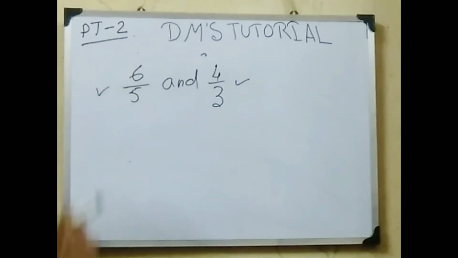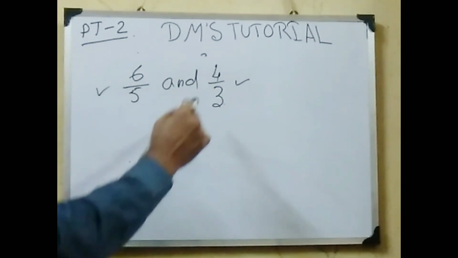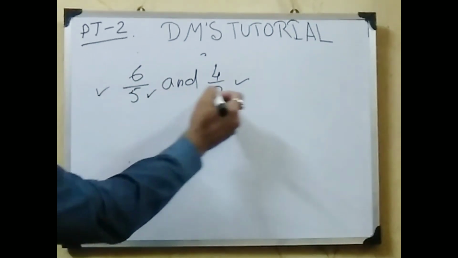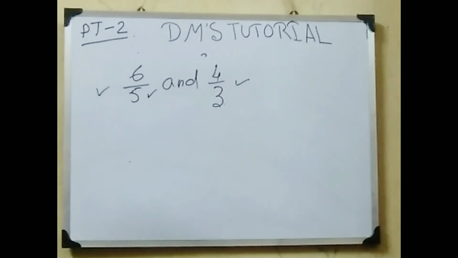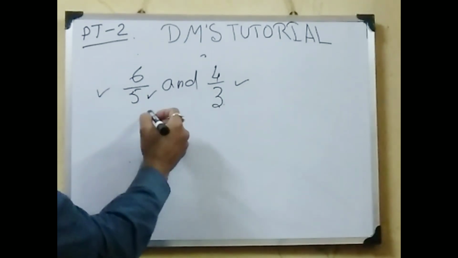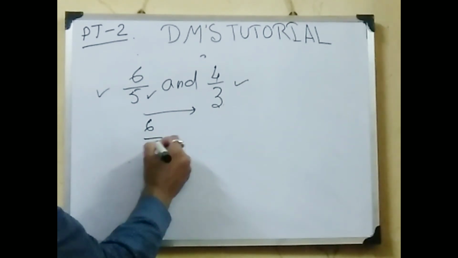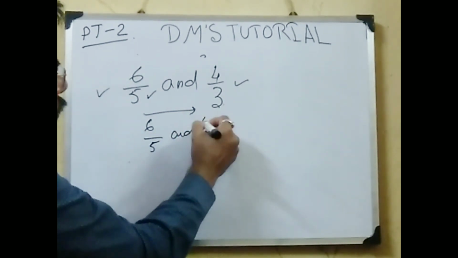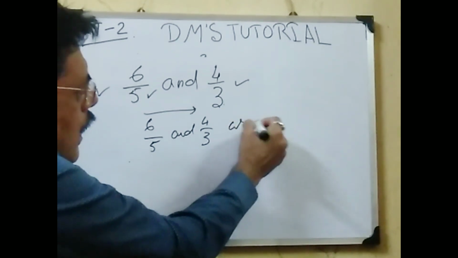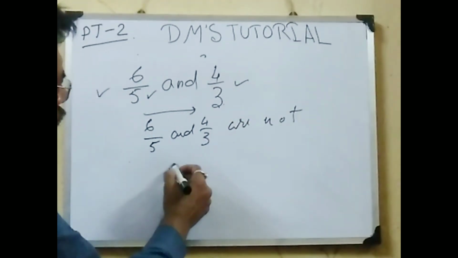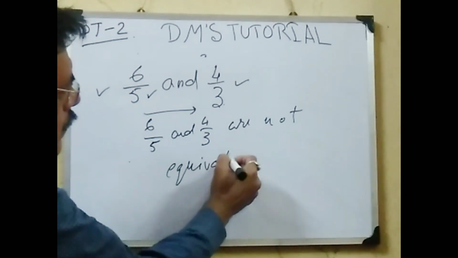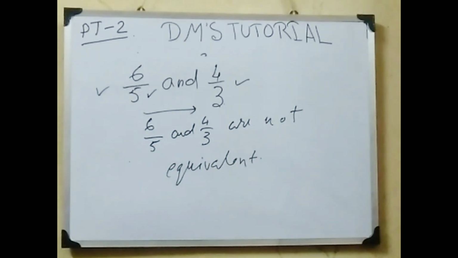They are co-prime to each other. 4 by 3 is also in its standard form because there is no common factor. So 6 by 5 and 4 by 3 are in their standard form and clearly they are not equal to each other. So 6 by 5 and 4 by 3 are not equivalent.